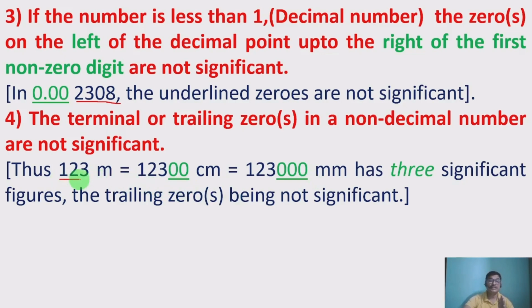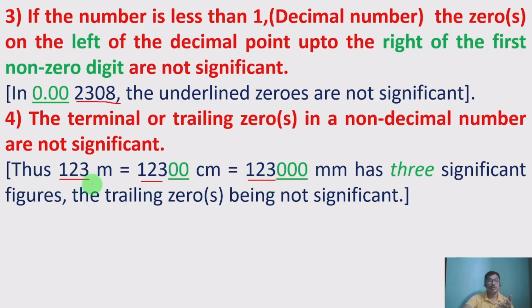Therefore, only these three digits are significant according to this fourth rule, and the same is observed from the first rule, where we got the observation that even the choice of unit does not change the number of significant figures.